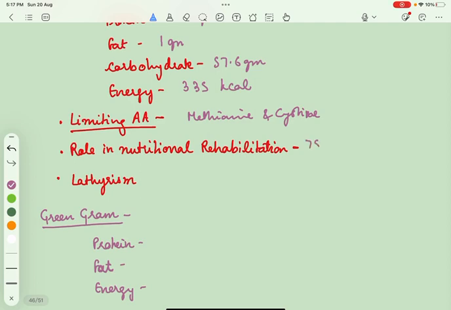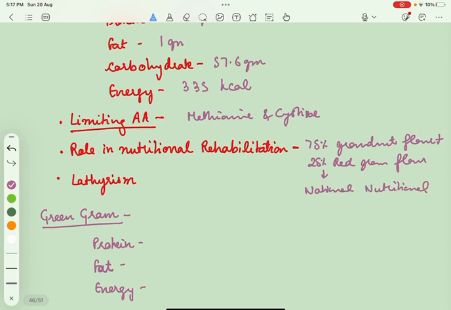Groundnut, meaning peanut flour, plus the red gram flour, is used for national nutrition programs.